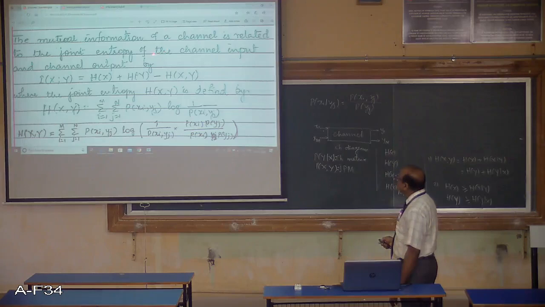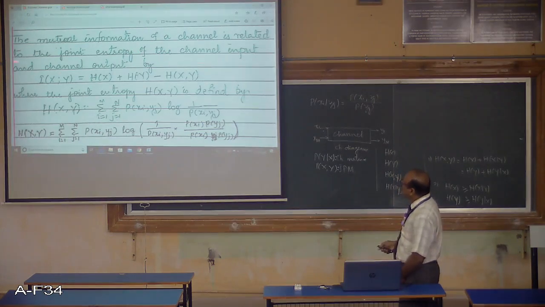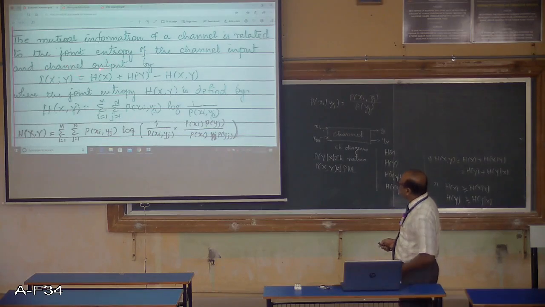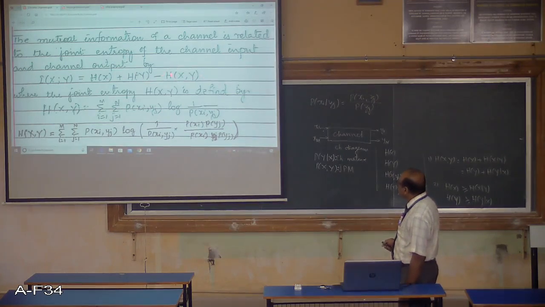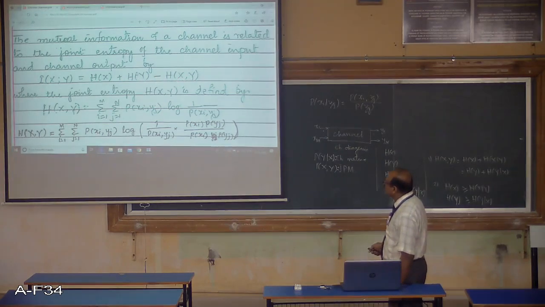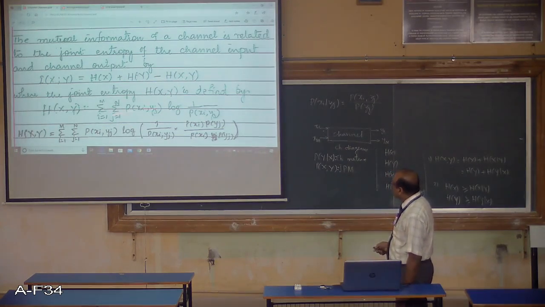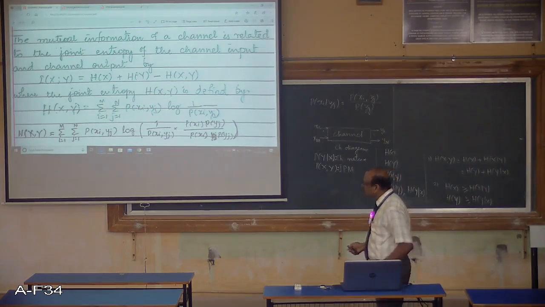Mutual information of a channel is related to the joint entropy of the channel input and channel output. So this mutual information is related to the joint entropy and the entropy of the input and output symbols by this relation: H of X plus H of Y minus the joint entropy, where the joint entropy is the entropy obtained from the JPM.